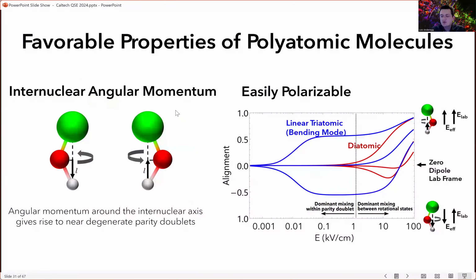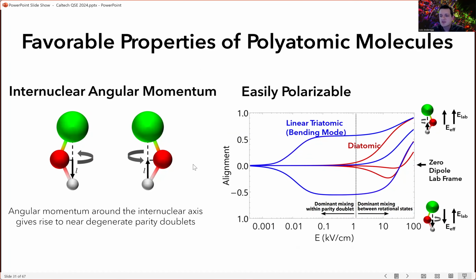Additionally, as we go beyond diatomic molecules to polyatomic molecules, these polyatomic molecules now have angular momentum around the internuclear axis. And this leads, quite generically, to what's known as parity doublets. It's these parity doublets that we use as our science states for all of these applications.